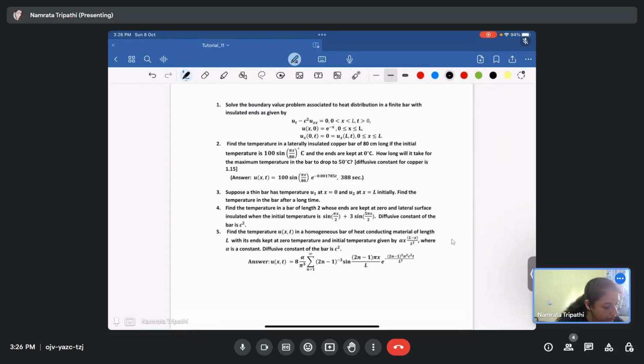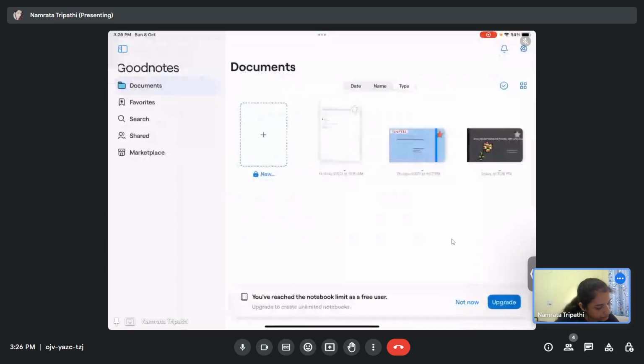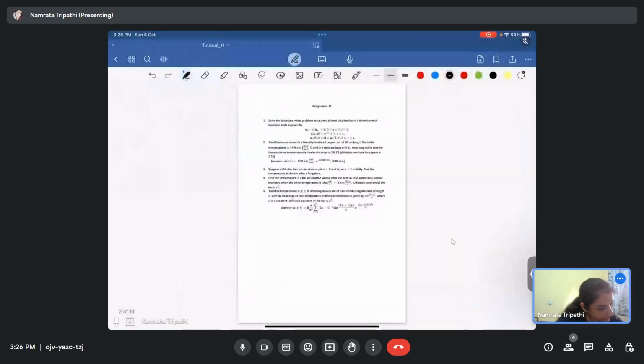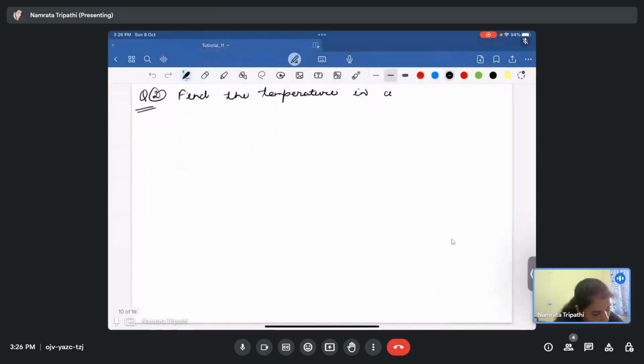So firstly we have to model this given problem into heat equation. Let me write the question first.